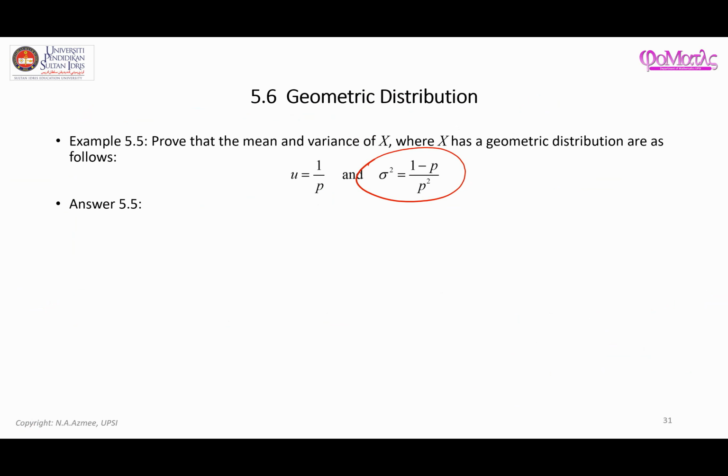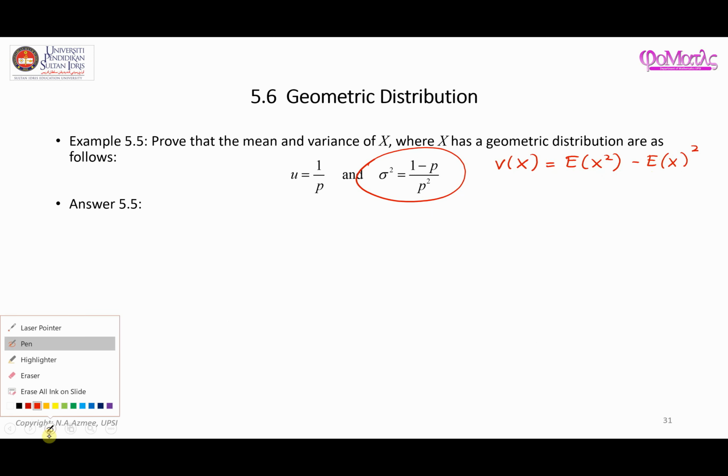Of course, you're going to start off with, for example, variance of x. Everybody is familiar with this process, which is we got to find E(x squared) minus E(x), and you square it.